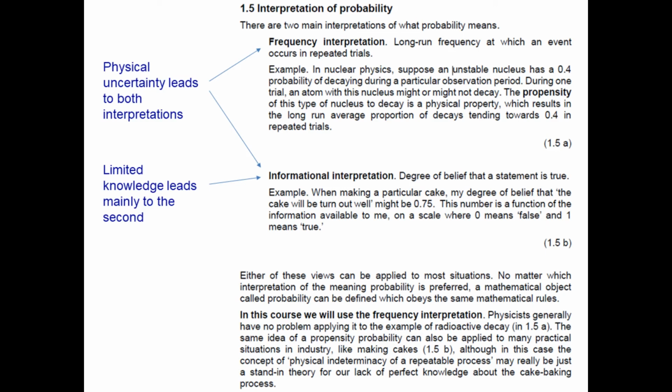If we apply the frequency interpretation to my cake making, then we're not actually believing that the cake that I'm in the middle of making is in some indeterminate state, and some future quantum event will cause it to either be successful or not. That's not what we believe. Instead, the propensity probability for the cake to be successful is just standing in as a model for my lack of knowledge.